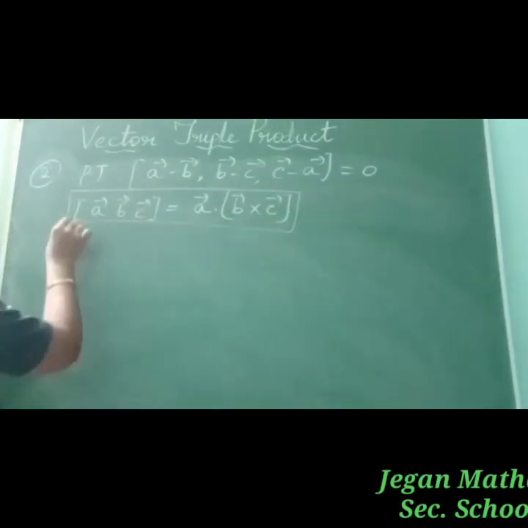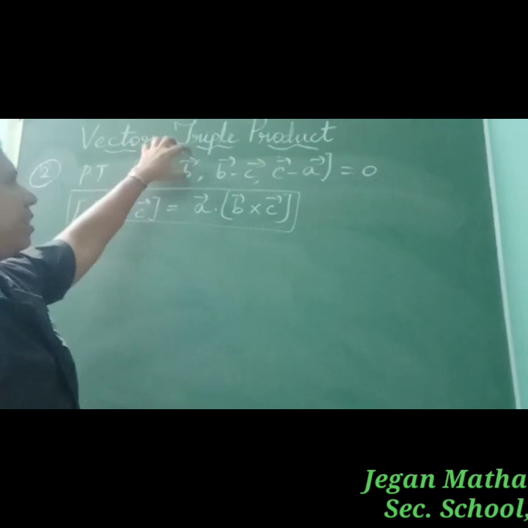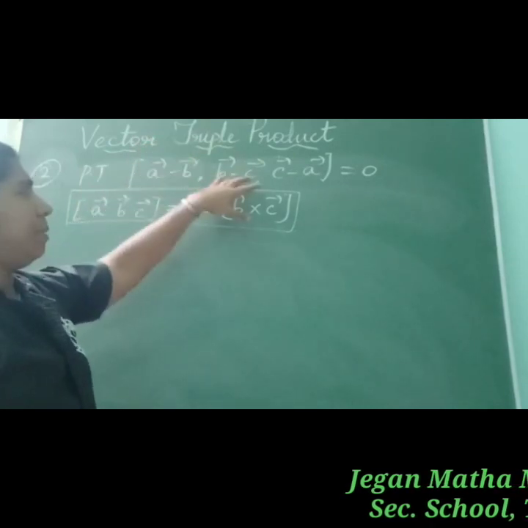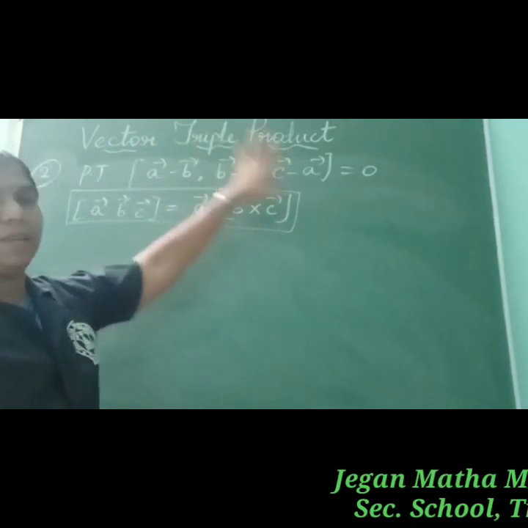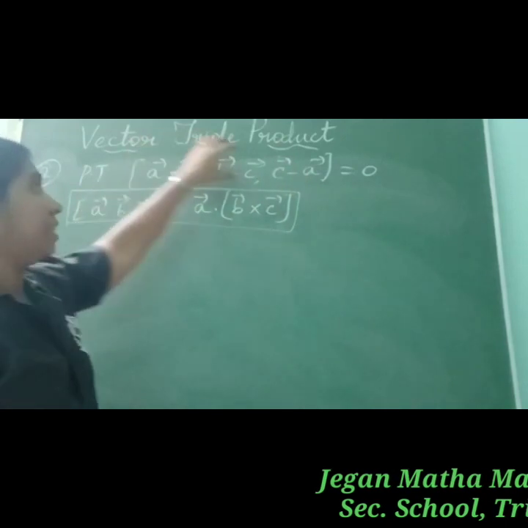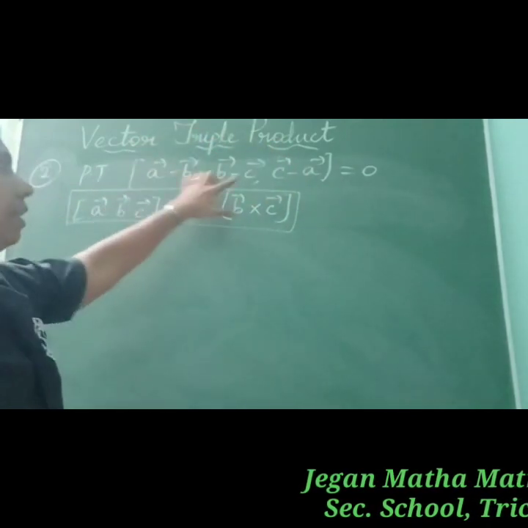Same way, now you can consider A minus B as one single vector, B minus C as one single vector, and the same for the third one. So instead of A, B, C, we have these three terms.